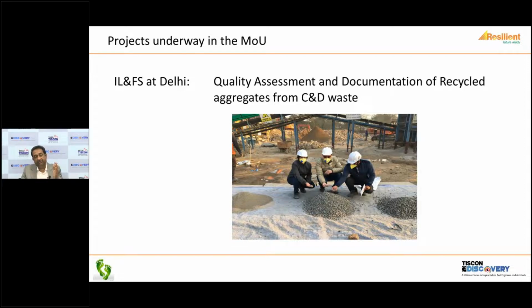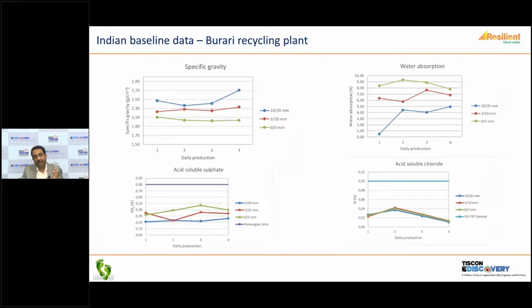This is a regimen worked out over a period of time, setting out the periodic assessment of the batches, looking at critical parameters for the aggregates like specific gravity, water absorption, acid-soluble sulfates, and acid-soluble chlorides. We look at either the declared value and see how it varies within the declared value over a period of time, or with different batches, or look at the limits which the standards specify.